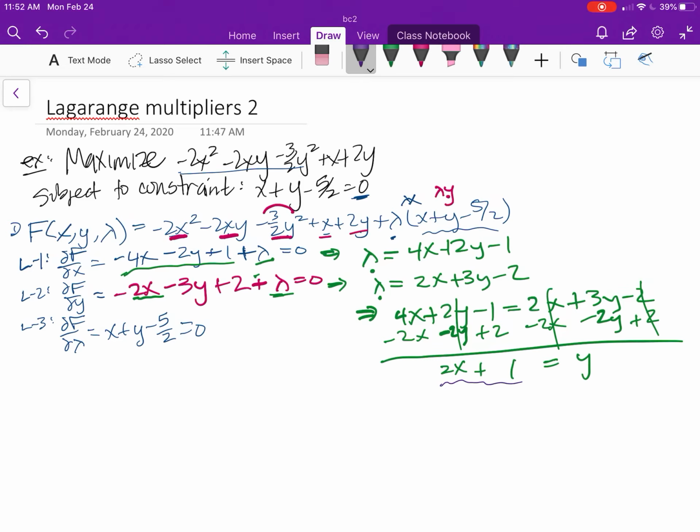We need to take this now and substitute it back into L3. That way we have only one variable. So we're going to take L3 and we get x plus y, which is 2x plus 1, minus 5 halves equals 0. 3x plus 1, so 1 minus 5 halves is negative 3 halves.